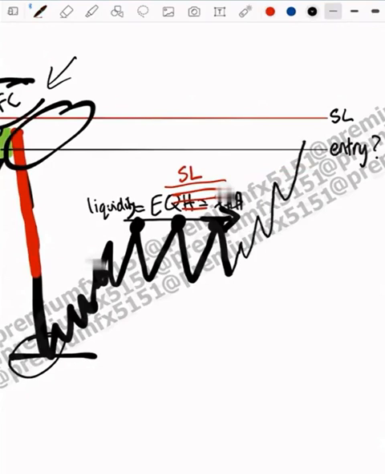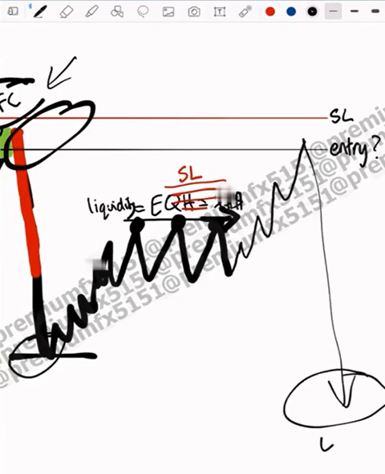From a retail perspective, that's going to be considered a stop loss hunt. That the bias that they had was correct. It made a new low, and the only problem was it took out the stop losses. It did a stop loss hunt, and then it continued to do what they wanted to do. So retail traders are left kind of confused, a bit frustrated, and they don't really understand what happened.